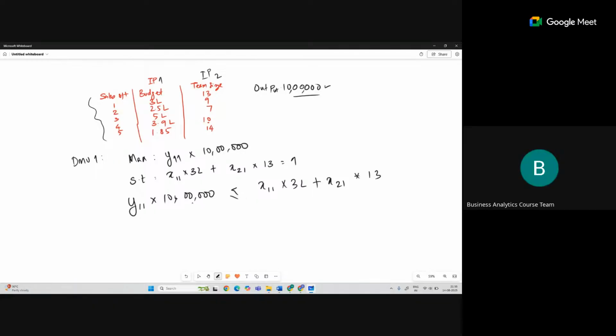Next is y11 into 10 lakh is less than or equal to x11 into 5 lakh plus x21 into 7, and so on. Okay, we'll talk about that. This is the most confusing part, and therefore I will spend more time.